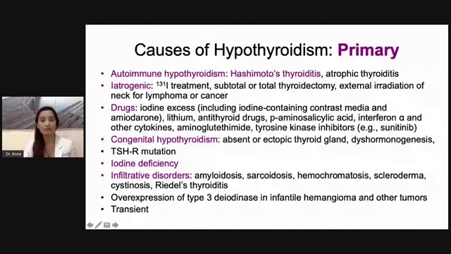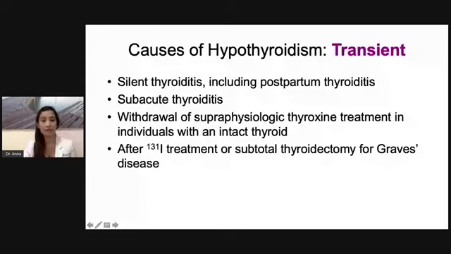There's also such a thing as transient hypothyroidism, especially in cases of thyroiditis or withdrawal of supraphysiologic thyroxine. So for example, your patient is receiving levothyroxine and the dose is already excessive, and then you withdraw it, you can have transient hypothyroidism. And again, even some patients will have transient hypothyroidism after treatment with RAI.